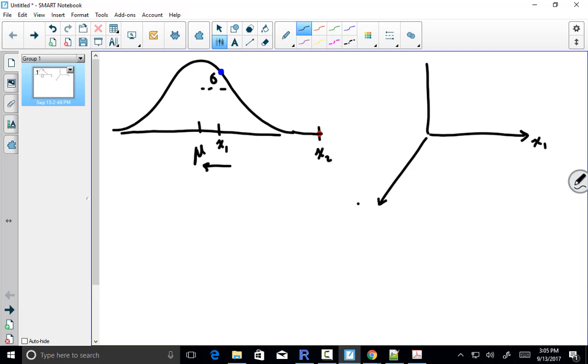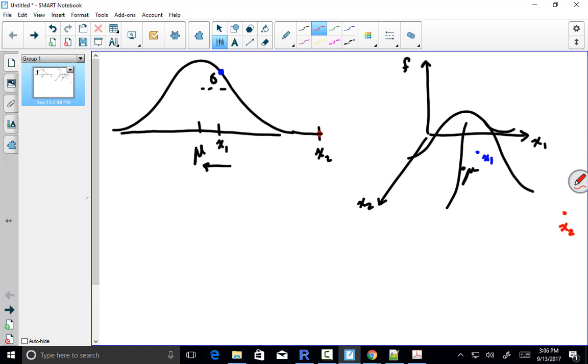If I have the bivariate case, for example, x1 and x2, here's the probability density function, and suppose the mean is right there, mean vector, and we have an elliptical surface like that, then a point x1 that's pretty close to mu will have a lot of volume above it, whereas a point x2 that's very far away from the mean will have very little volume above it.